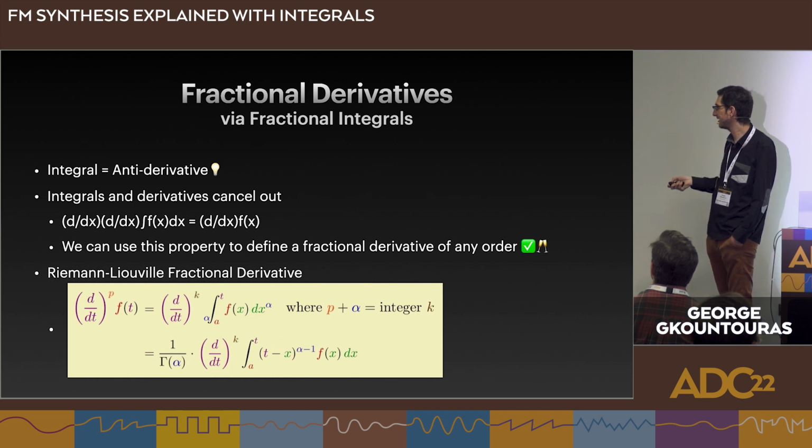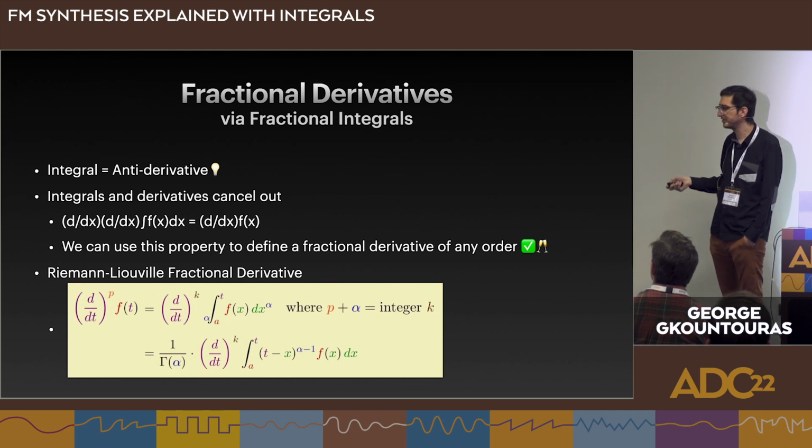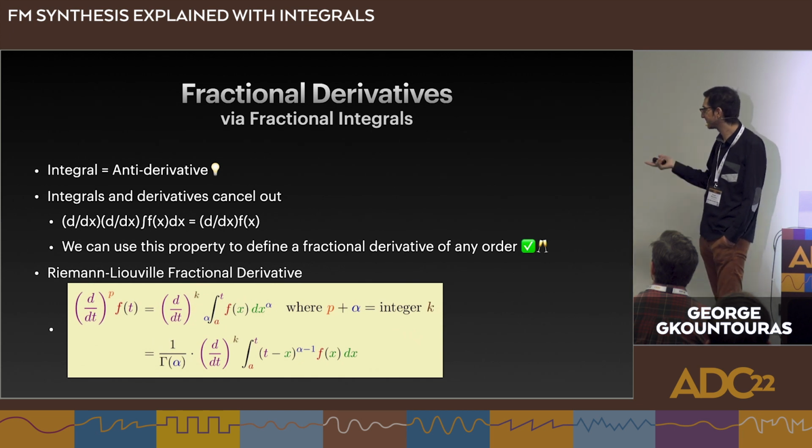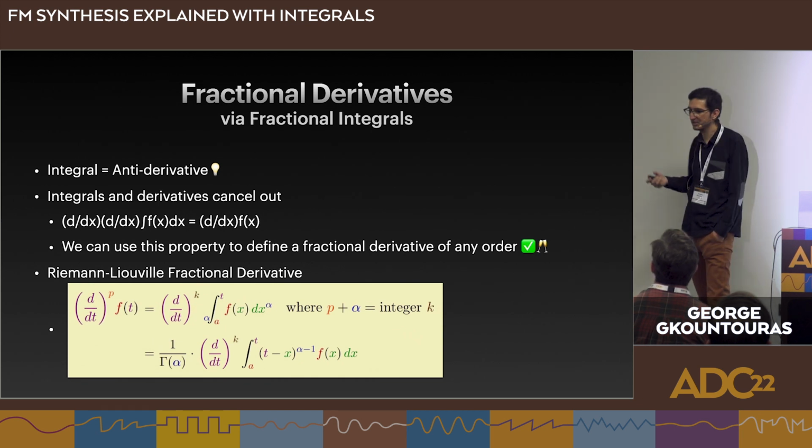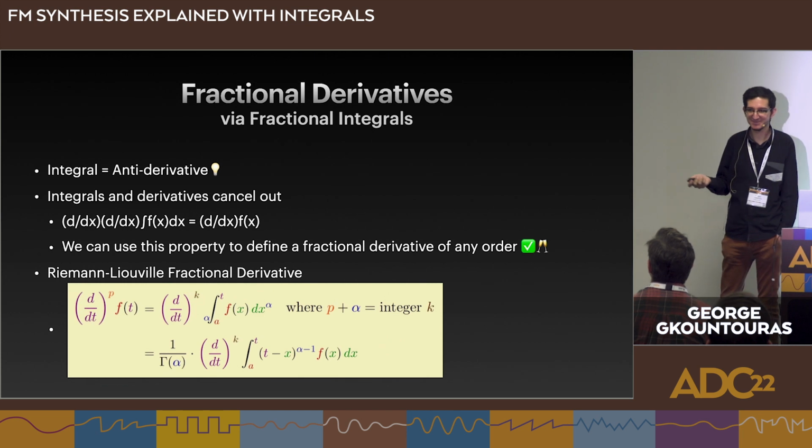So as an example, let's say that this is an integral of order 1.5, and this is a regular derivative. That means we can have a half derivative, or a derivative of order 0.5, right? Makes sense.